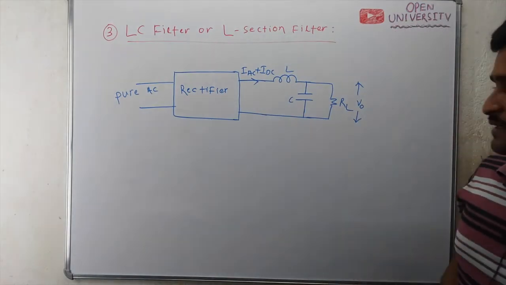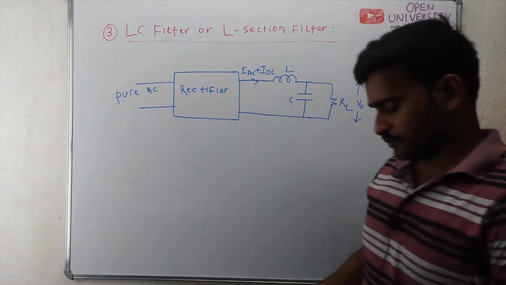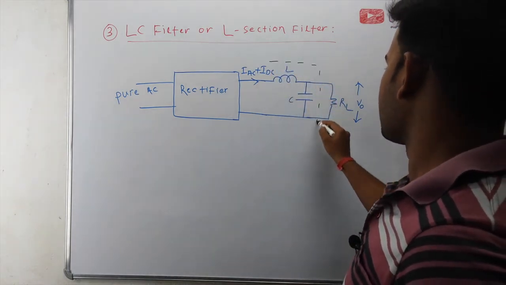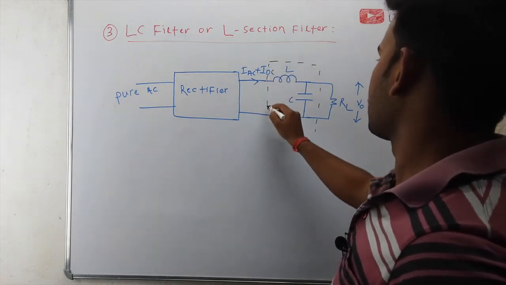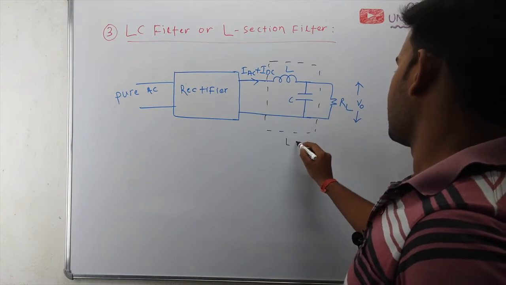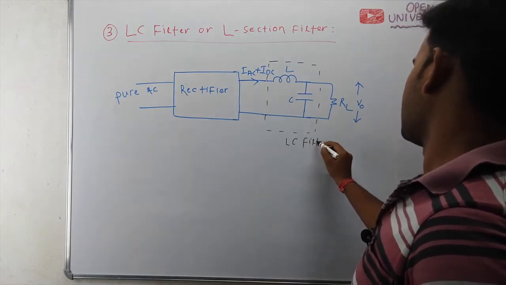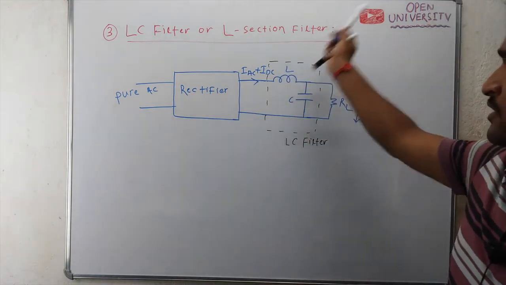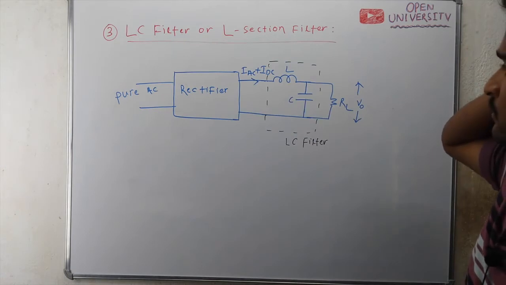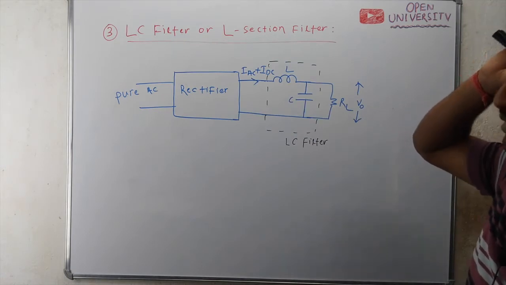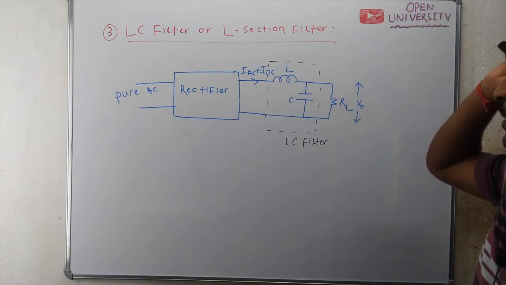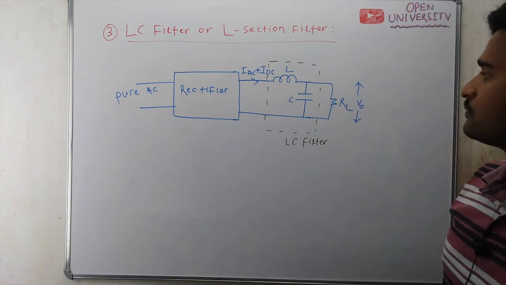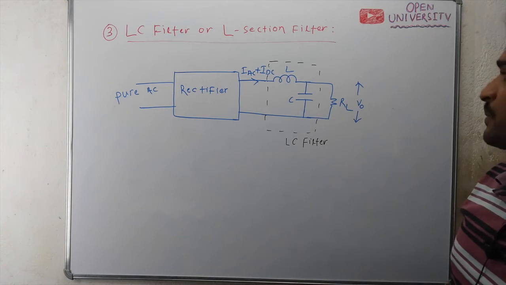Write down one point under this LC filter. It consists of a large inductor and a large capacitor.